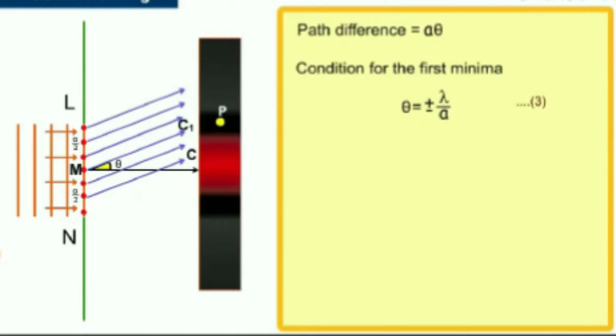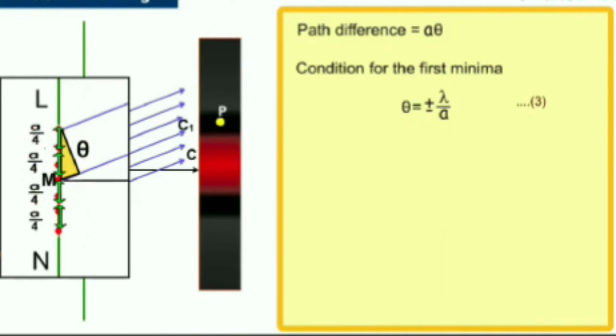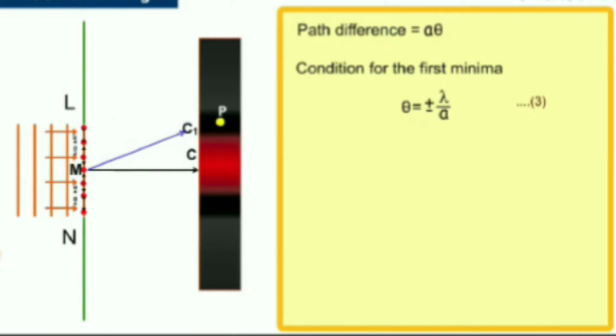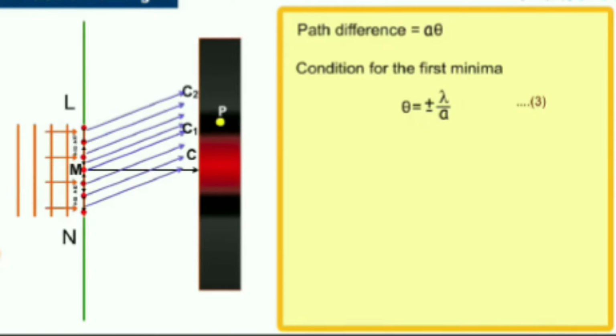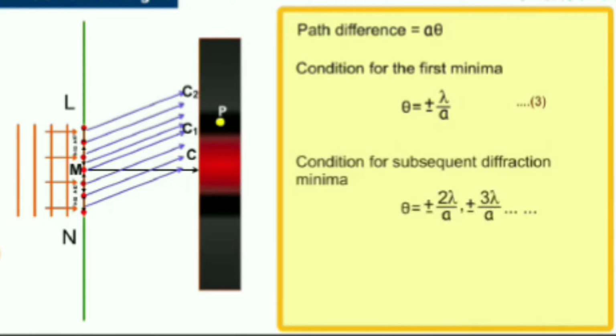Equation 3 implies that the central maxima can be made wider by making the slit narrower. We can also divide the screen into 4 parts, 6 parts, and so on. Using a similar argument, we can show that the subsequent diffraction minima occur whenever theta is equal to plus or minus 2 lambda by a, plus or minus 3 lambda by a, and so on.